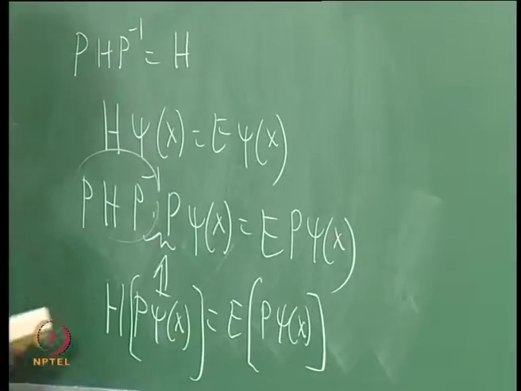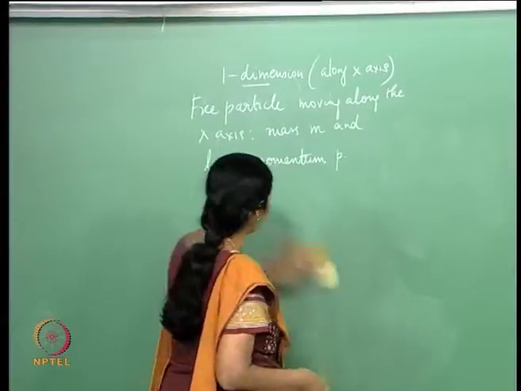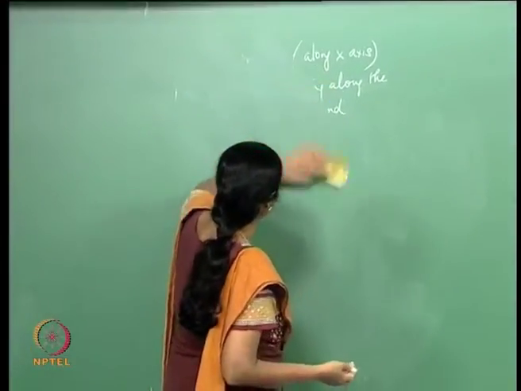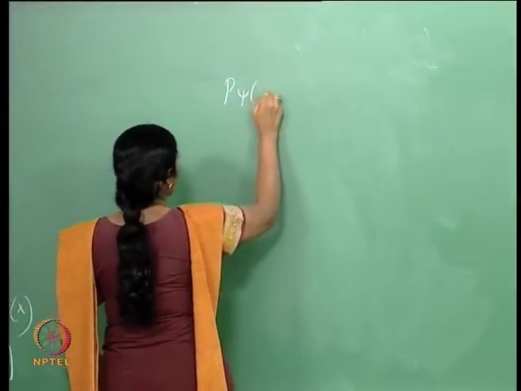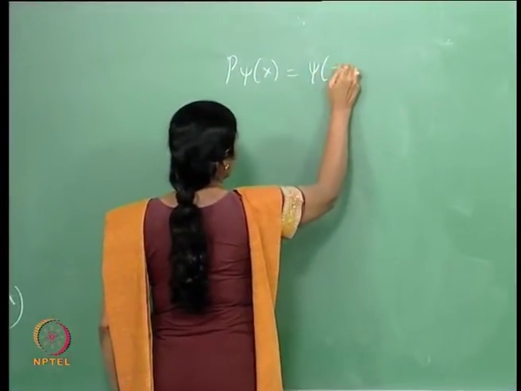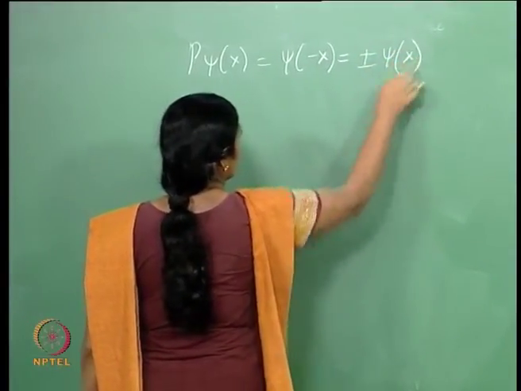So for a non-degenerate situation, as happens in the case of the simple harmonic oscillator, P psi of x is psi of minus x, but that is plus or minus psi of x.